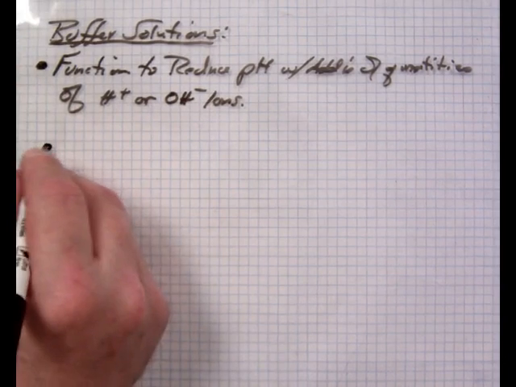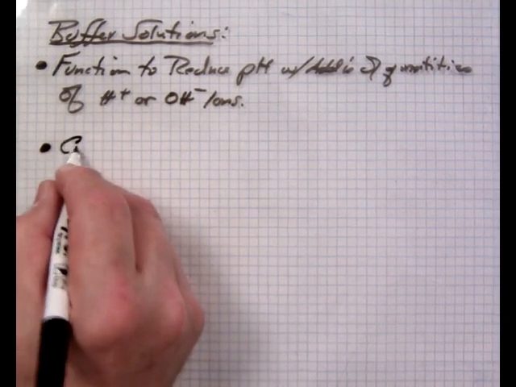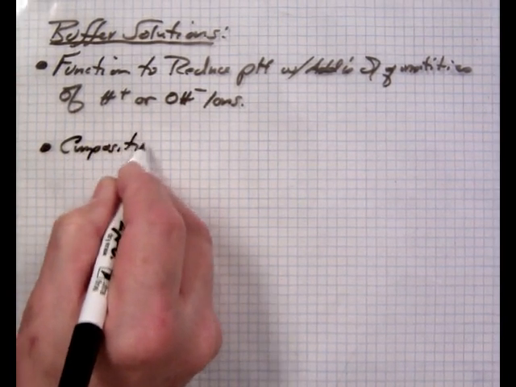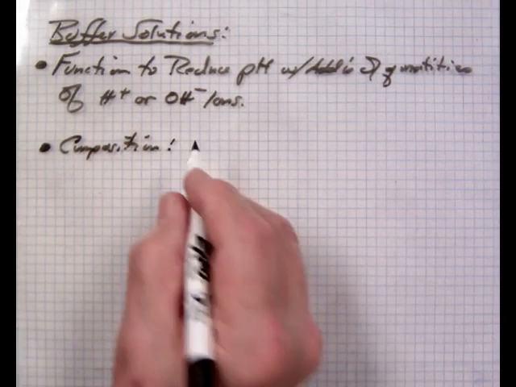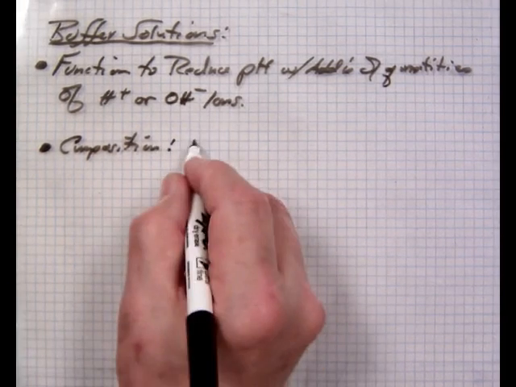The composition of a buffer is the weak electrolyte and the salt of the weak electrolyte.